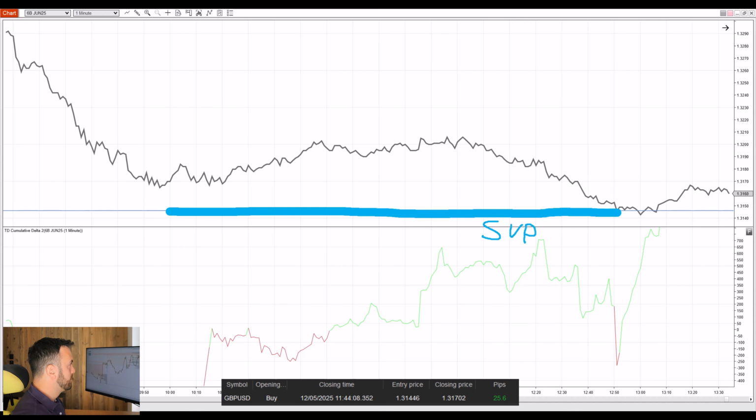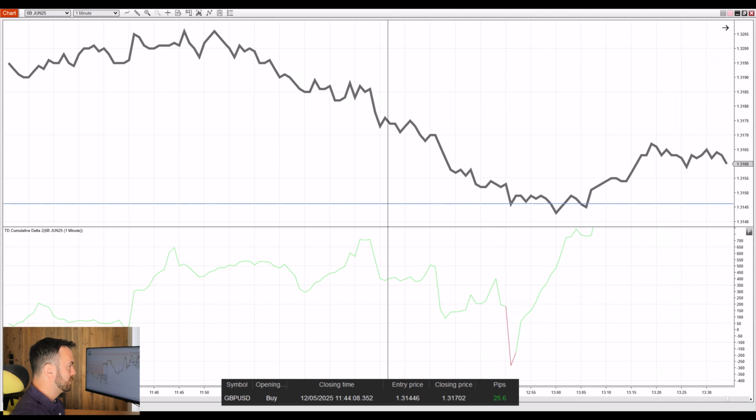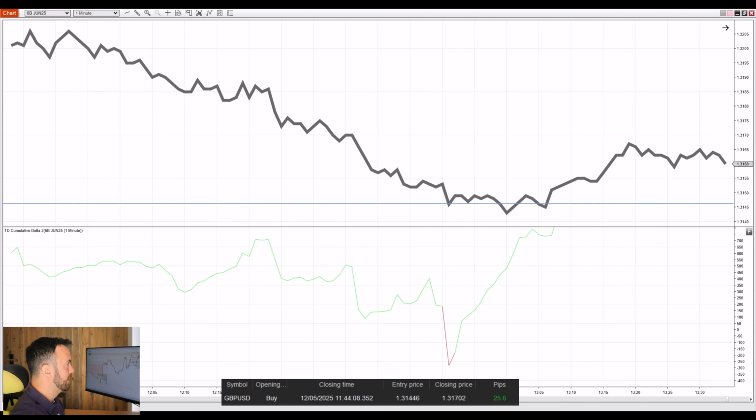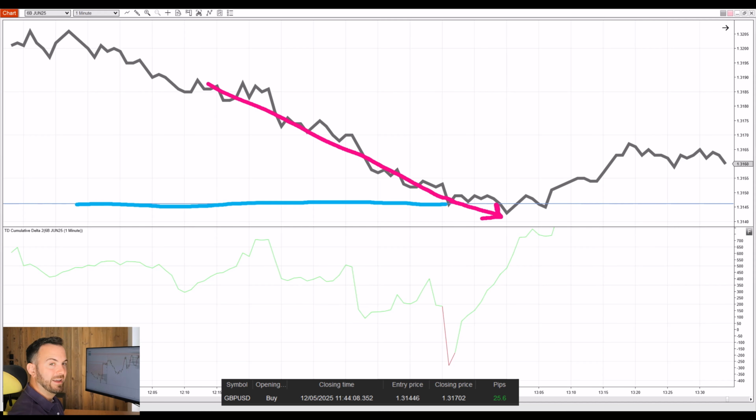Now, what's important here, and let me enlarge it a bit so you can see better, is the divergence between the price and delta. So this was the support, and the price was dropping towards the support. It hit the level and it was dropping some more, couple of pips, and at the same time there was that divergence, because when the price hit the level, cumulative delta started to rise dramatically.